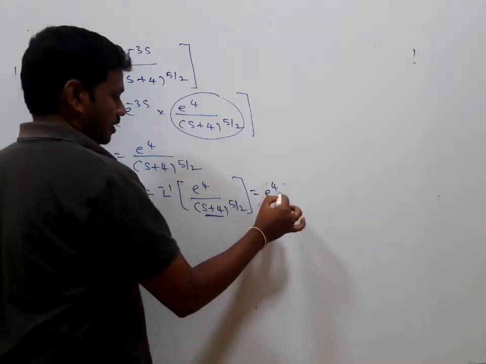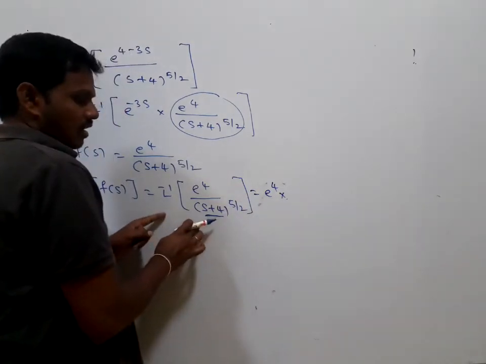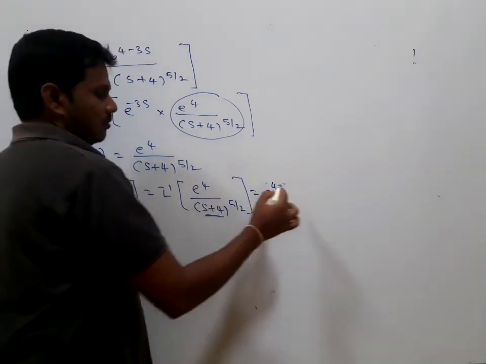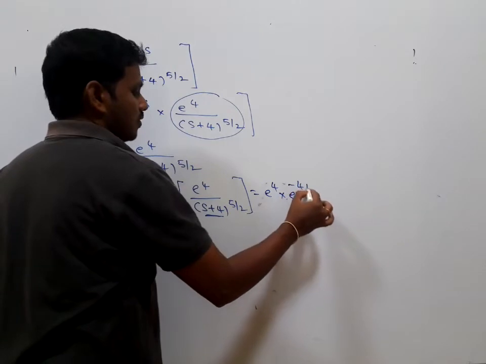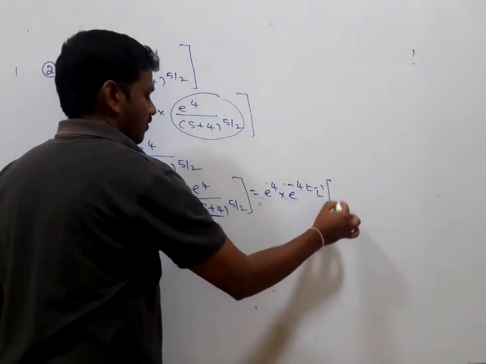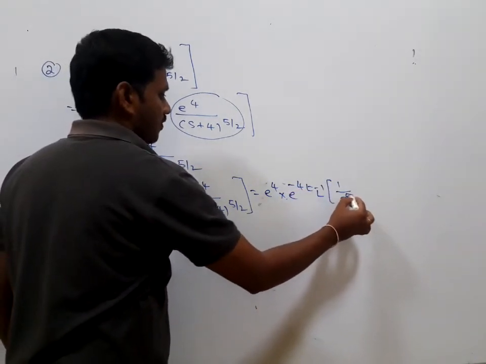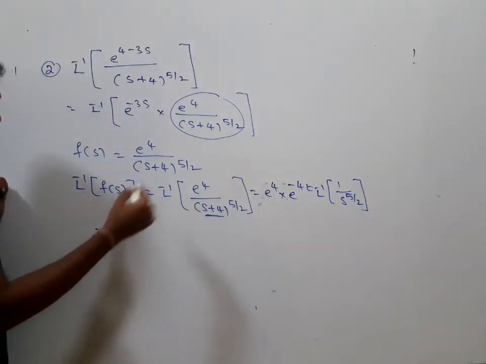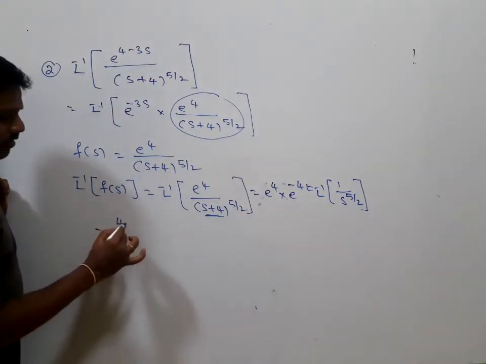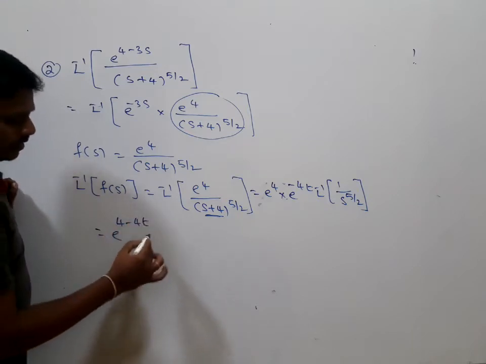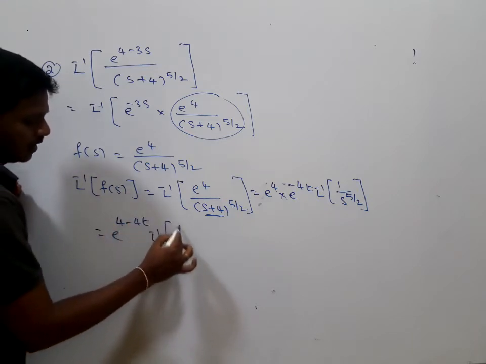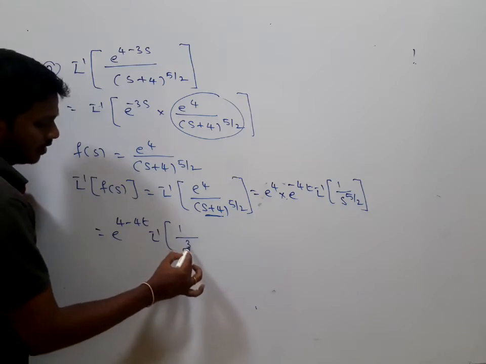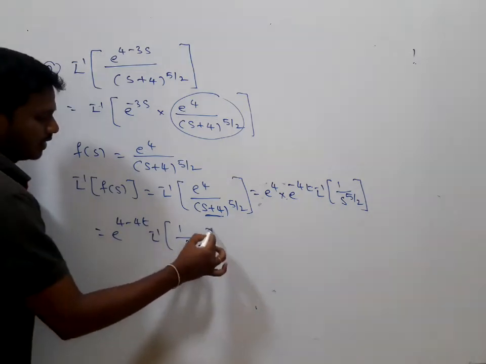By applying the first shifting theorem, e to the power of 4 into e to the power of minus 4t L inverse of 1 divided by s to the power of 5 by 2, which is e to the power of, since the bases are equal we add the powers, 4 minus 4t L inverse of 1 by s to the power of 5 by 2, which can be written as s to the power of 3 by 2 plus 1.